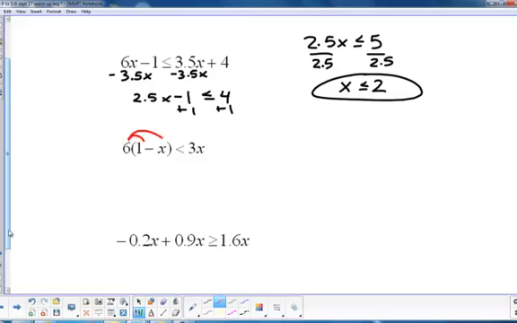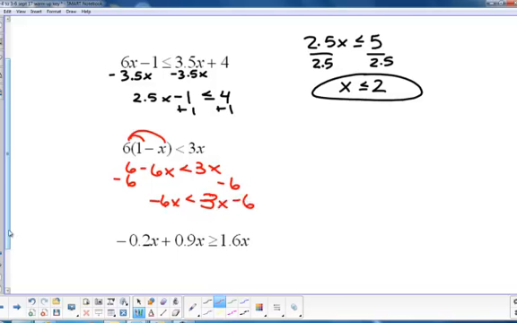In the next one, we're going to distribute the 6. And I'm still going to put my numbers to the left. You totally don't have to do this step. So I'm going to subtract 6. 3x and 6 don't go together. So this is just negative 6x is less than positive 3x minus 6.